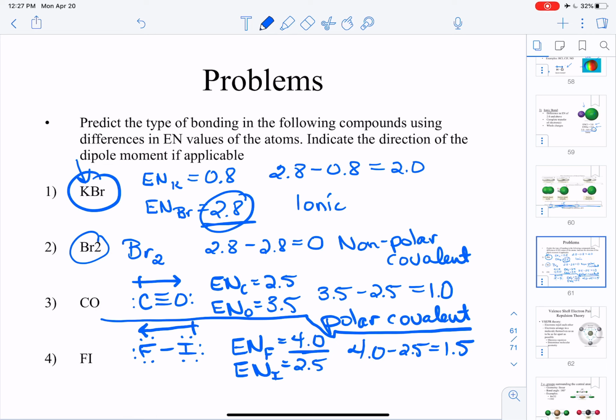Now, if we had drawn the Lewis structure the other way, which you can, that's correct also, what we would do is we would still point the arrow towards the more highly electronegative atom, which is still the fluorine. So the dipole moment would go that way if you had drawn the molecule that way. So again, this one is polar covalent.